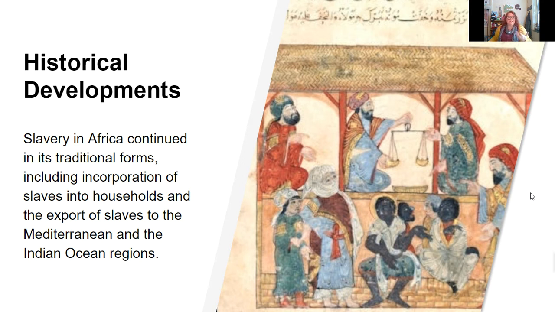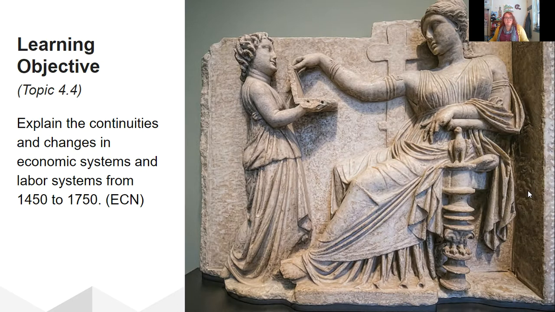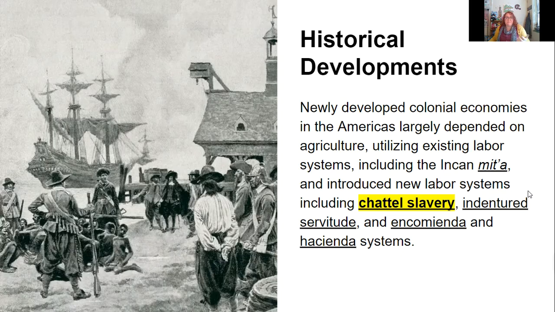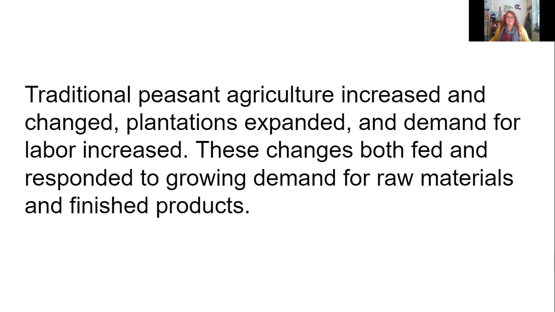We're going to start in Africa to see the forms of slavery that had continued in its traditional forms, and then eventually the incorporation of slaves into households and the export of slaves out to countries in the world. We're going to look more at the plantation economy and also at other labor systems that were present during this time. So, what explains the rise of the Atlantic slave trade, and what were the consequences of this?